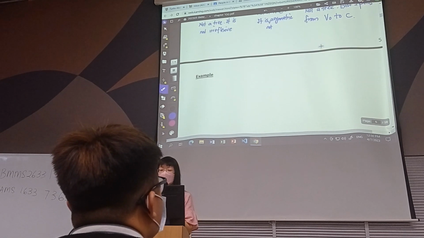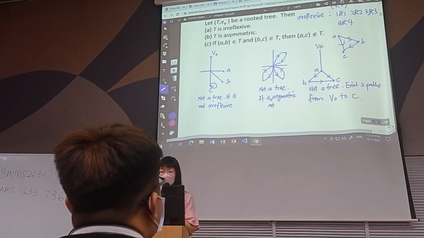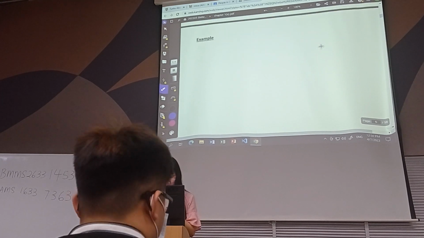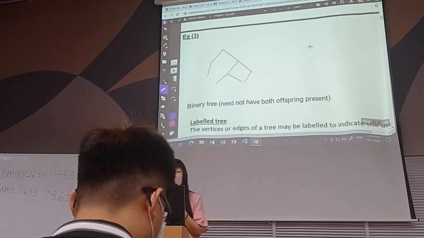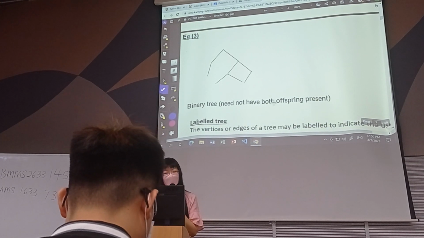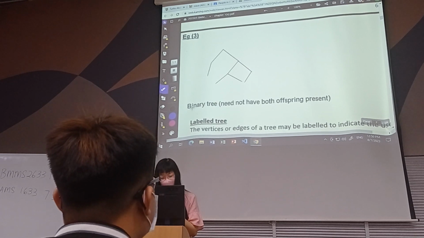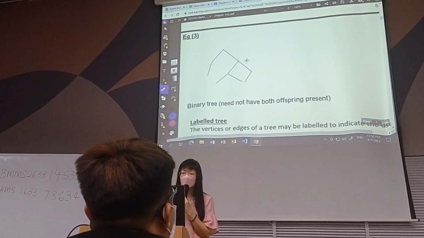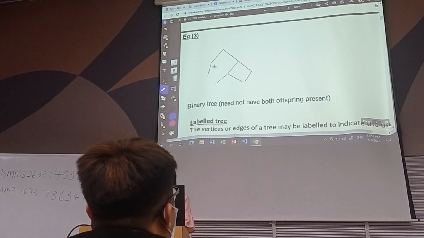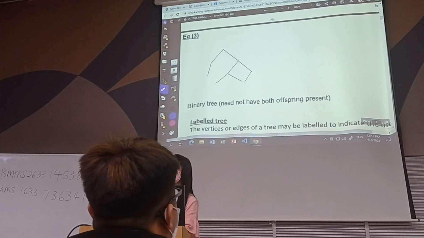Next one. This is the example I drew here already. Now, for the third example, this one is the binary tree, but without the labels. They just want to tell you that in a binary tree, you have two paths coming out from each vertex.